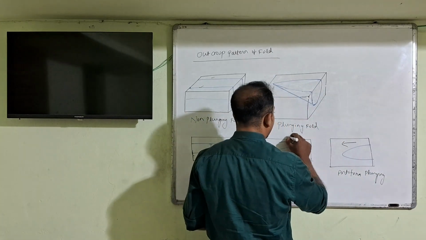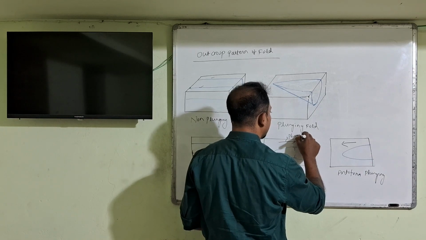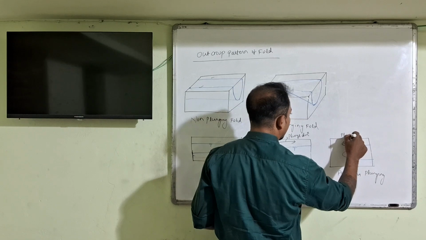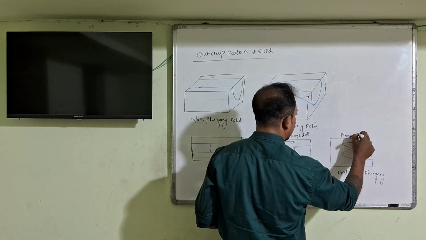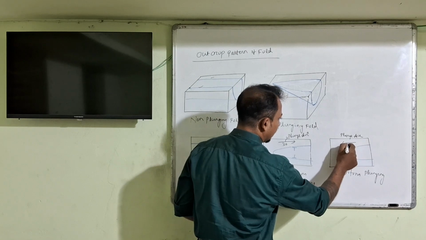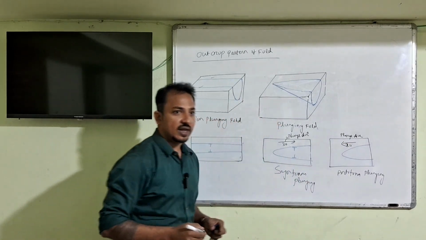So this is your plunge direction. The amount may be written here, you can write down 30, 20. These are also written near the direction.